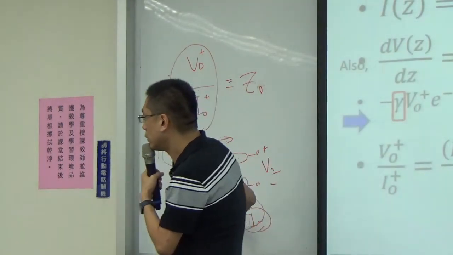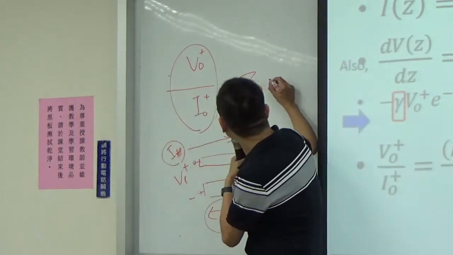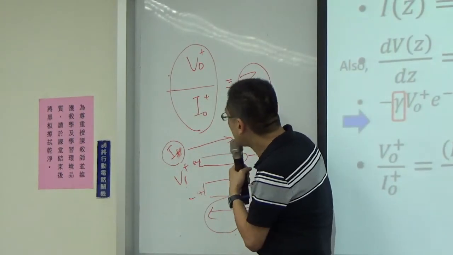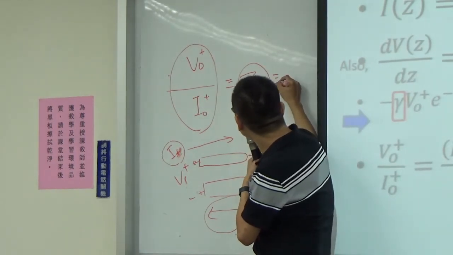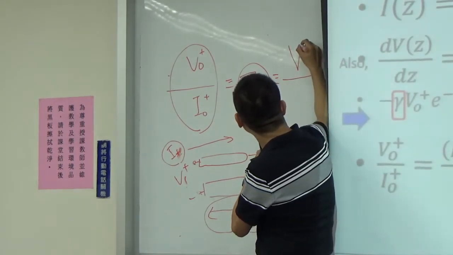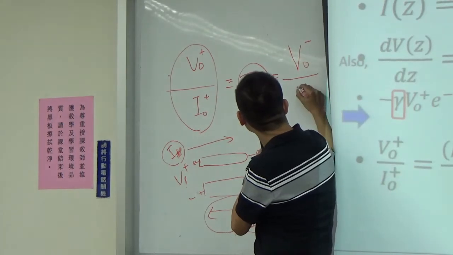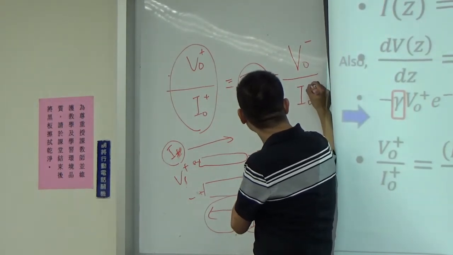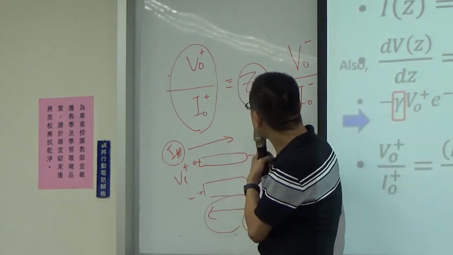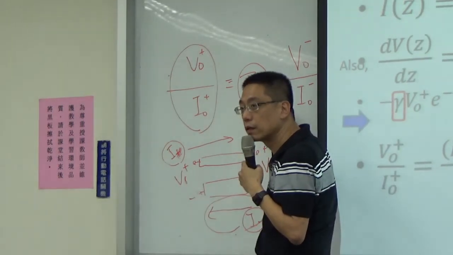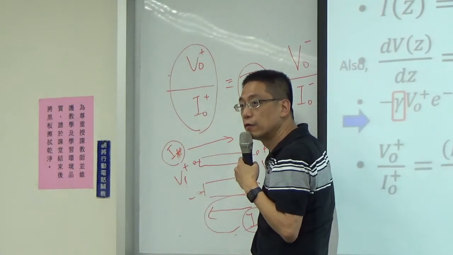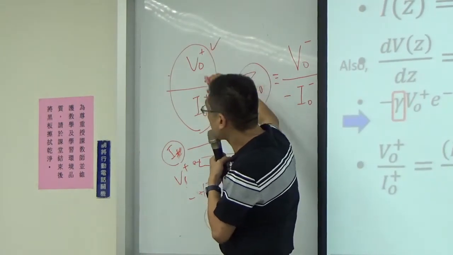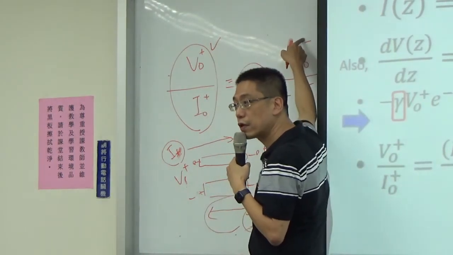So your characteristic impedance is also the ratio of the reverse voltage to the reverse current, and you need to put a minus sign here. This is very important. For the positive, it's okay because the voltage is the same.